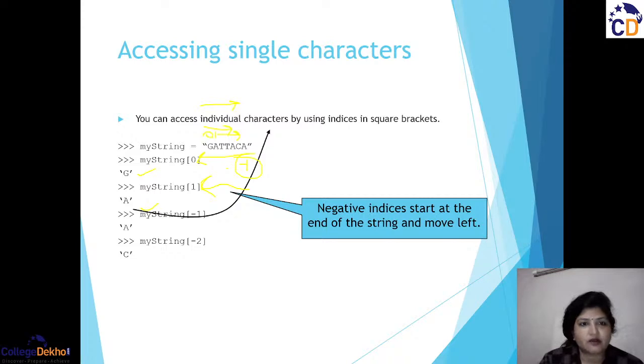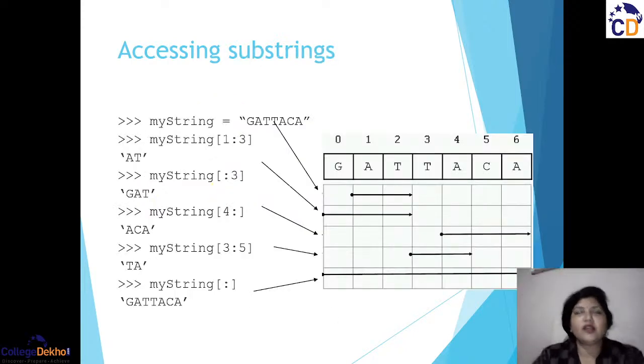If it is minus 1, then from the right side, the very last character, a. And if you have my string minus 2, that would be the C character, which comes before the last a. So this is how we have indexing, including default indexing and negative indexing.